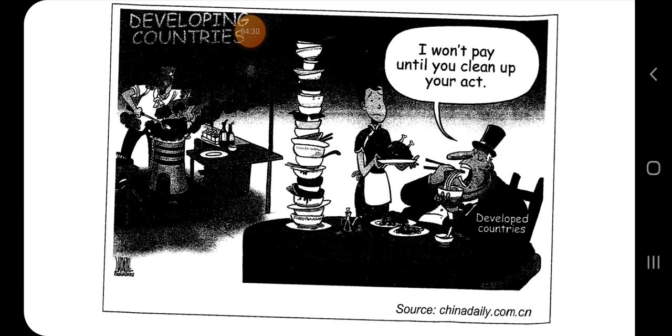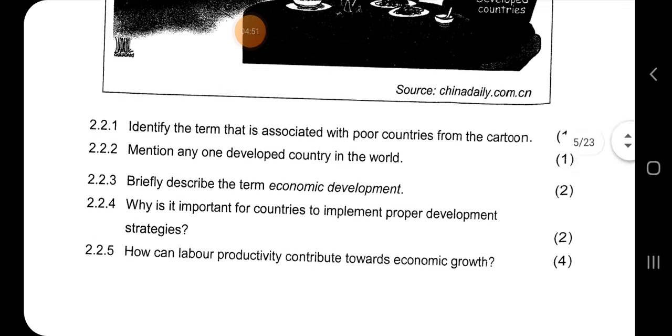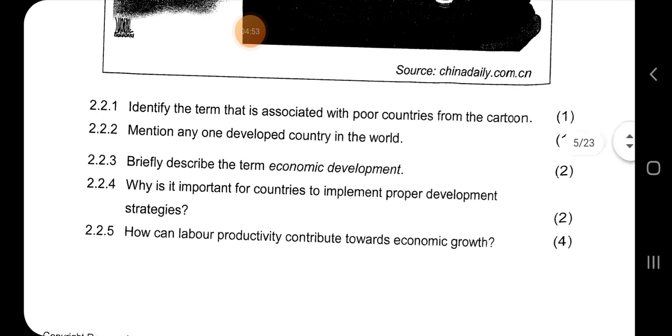And then the developed countries, everything seems to be going well, and the person has eaten all those dishes, while that one has not even eaten anything. The developed country says to the developing country, I will not pay until you clean up your act. So here you have to know the economic development chapter.